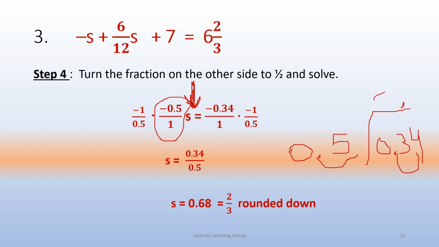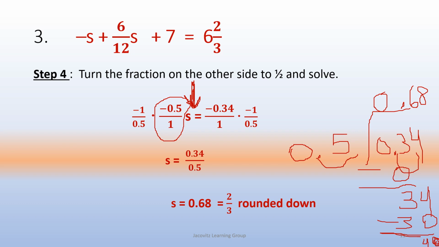0.5 goes into 0.3 0 times. 0, 3, and 4. 5 times 6 is 30. 4 with an implied 0. 5 goes into 40, that's 8 times.